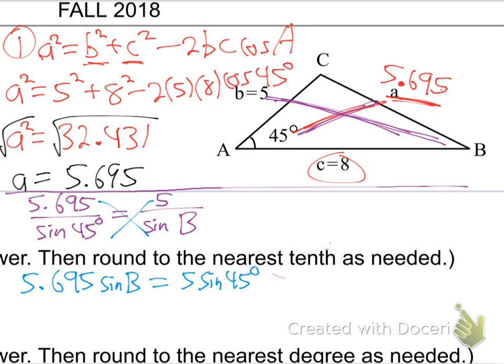Divide by the 5.695, exactly. And we have to do sine inverse, right? Yeah, and then in a minute we'll have to do sine inverse.